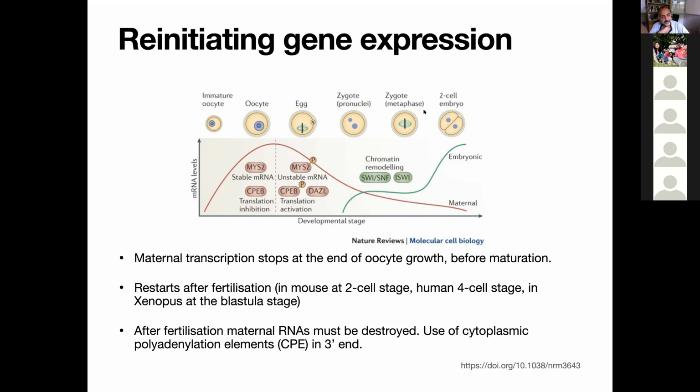So if that is the case, I was wondering why the maternal RNAs must be destroyed after fertilization and not just after the stop of oocyte transcription. Yeah, so I think some of those maternal RNAs are important for development.